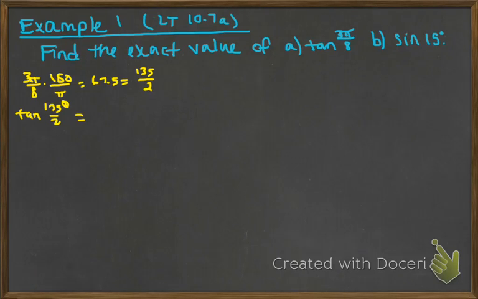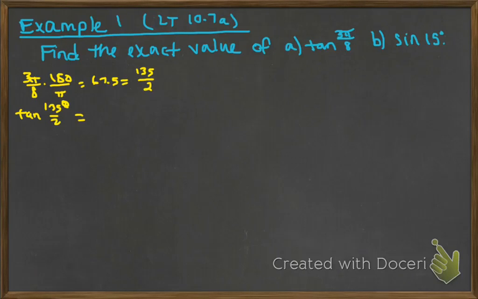So then I'm going to look at my tangent on my half angle formulas. This is the one that has two choices, so just choose one of them. For this problem, it doesn't really matter because you're going to have to find the sine and the cosine of your u value, your top value, anyways.